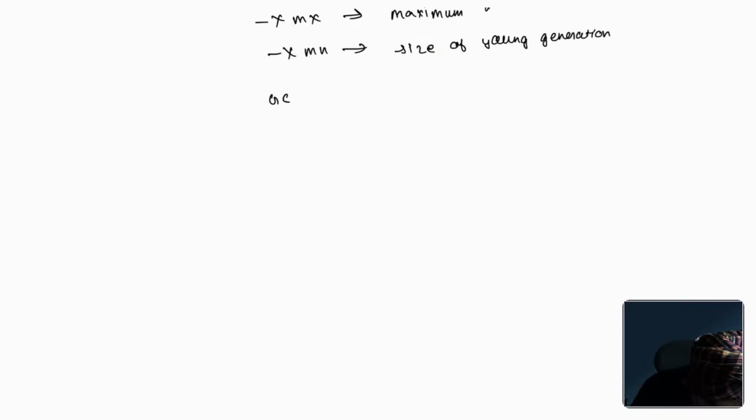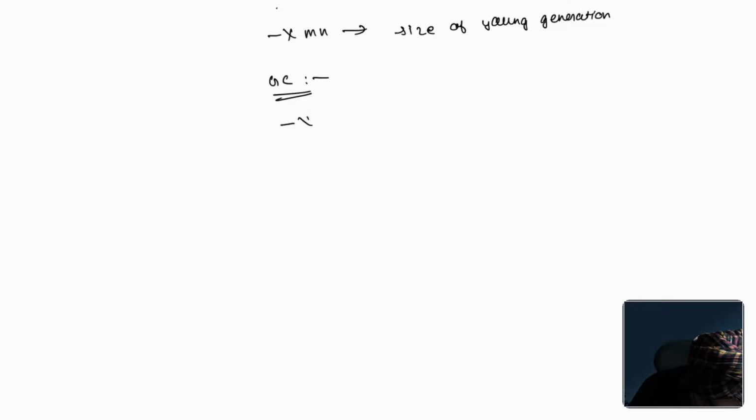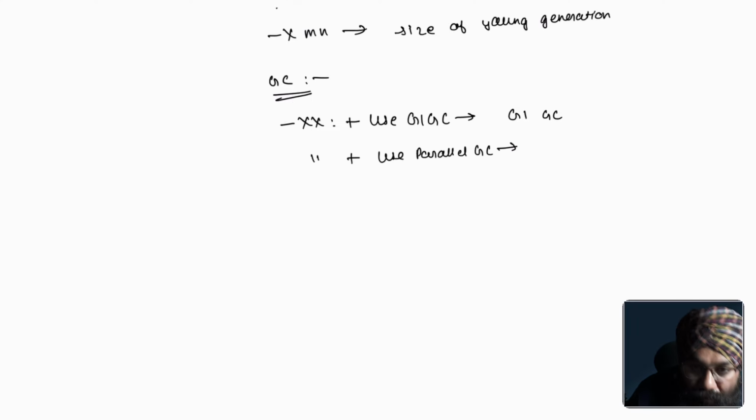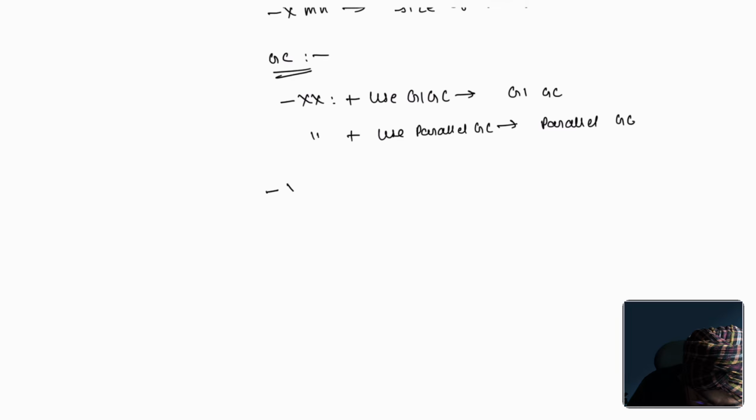There are some GC configurations as well. For example, if you set -XX:+UseG1GC, it will enable the G1 garbage collector. If you set -XX:+UseParallelGC, it will enable the parallel garbage collector. If you set -Xss, you can configure the size of the thread stacks.